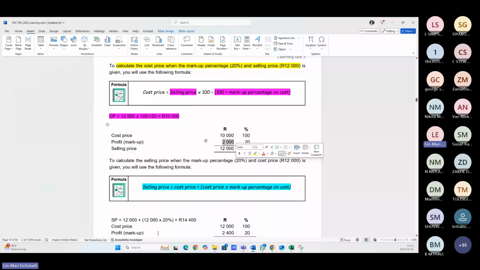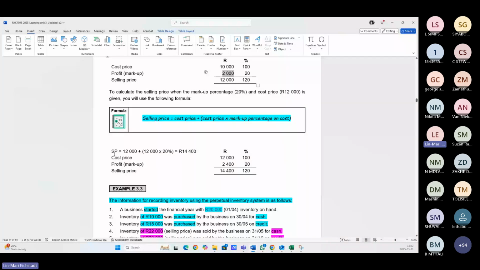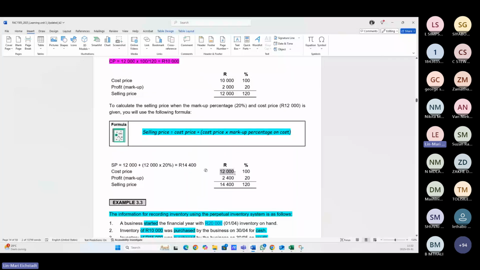So the selling price equals the cost price plus the cost price times a markup percentage. And how they explain it here, our selling price equals our cost price, in this example 12,000, and our markup percentage in this instance is 20,000. And our selling price, what we want to determine, is the 14,400.